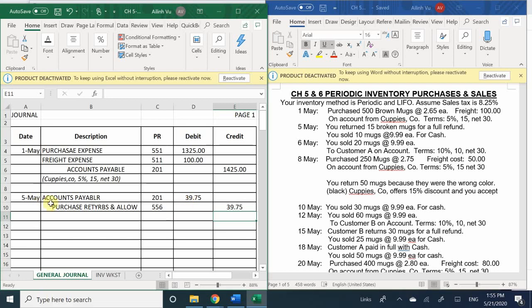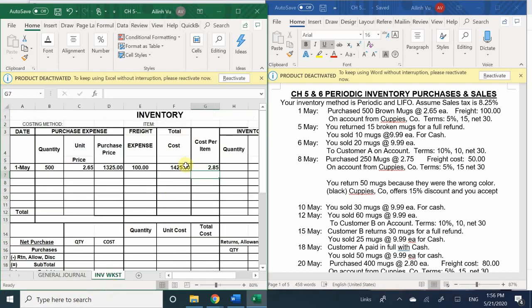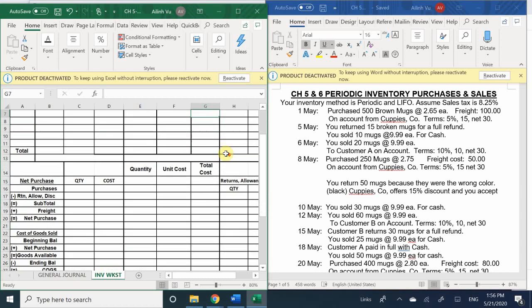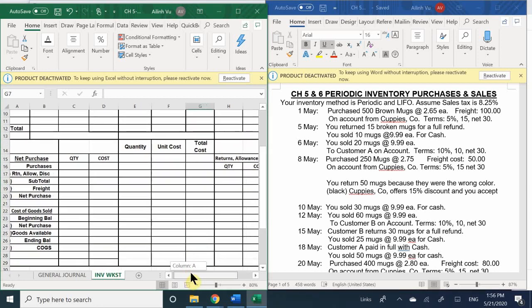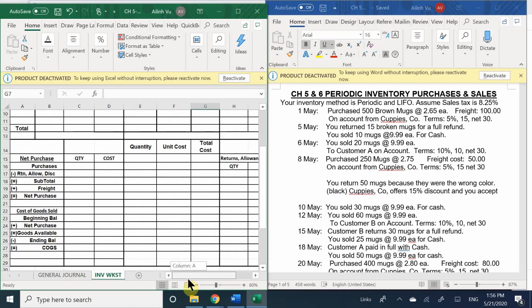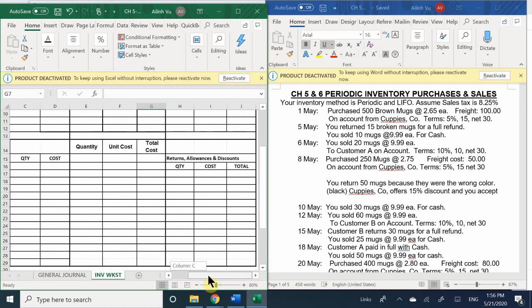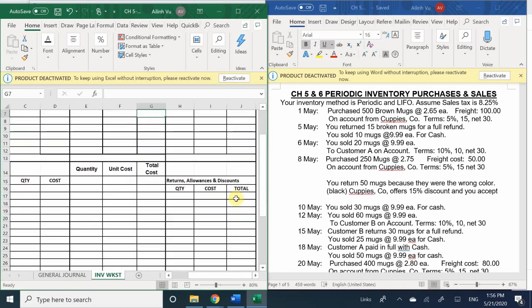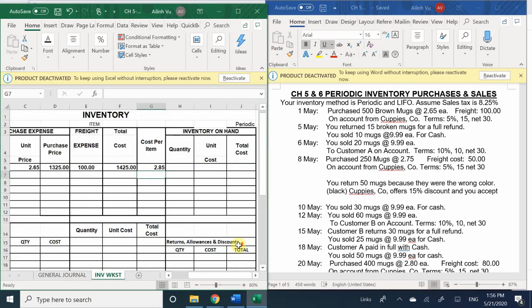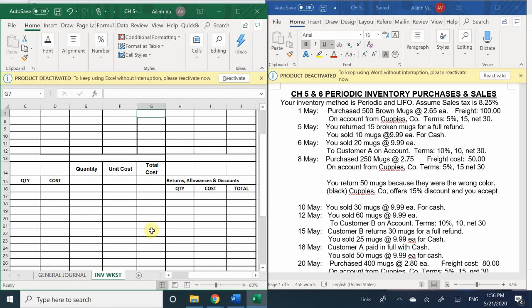All right, so now the next thing is we need to update our inventory worksheet. Is that right? Okay, so where in the worksheet do we place this information? Discounts and allowances. Yes, right here in returns, allowances, and discounts. So how many items did we return? 15.